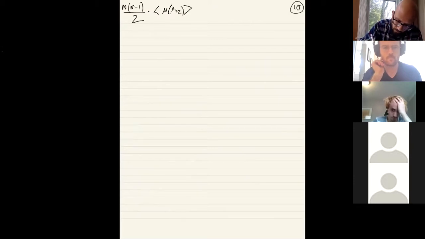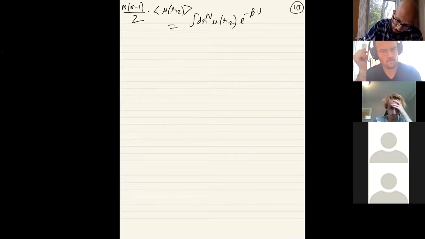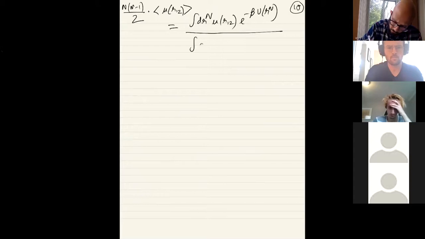What we did was to say that n minus 1 by 2 times the average of small u of r12 is given by the integral of drn u of r12 e to the power minus beta capital U of Rn, divided by the normalization factor, the integral of drn e to the power minus beta U of Rn. And this I can bring inside.